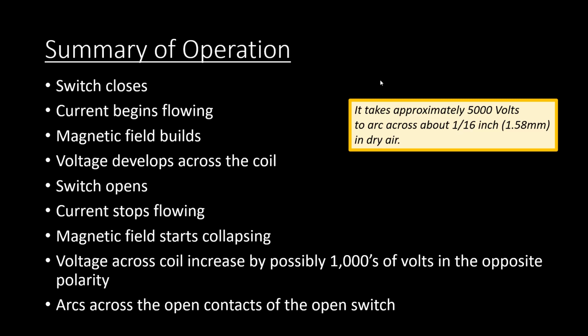I'm sorry, I got ahead of myself, but let's do a summary. So we close the switch, current starts to flow, a voltage is developed across the coil, which then creates a current, a magnetic field to build up.